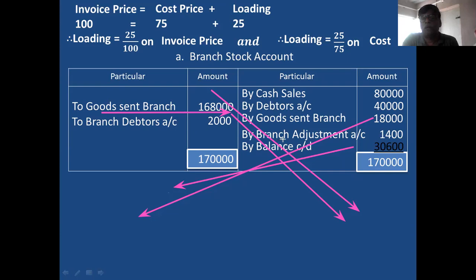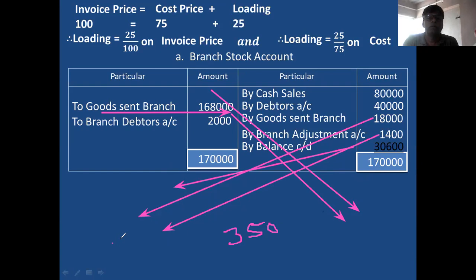And the loading on this 1,400 also goes to the debit side. Remember, on whatever amount is there in the branch adjustment account, you calculate the loading: 1,400 into 25 by 100. I think it is 350 rupees.